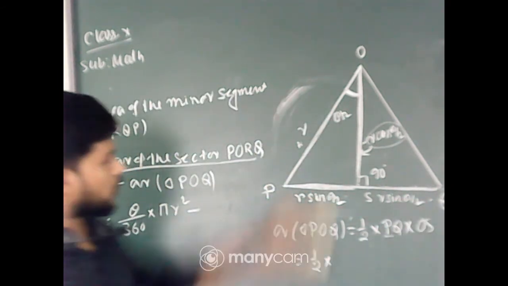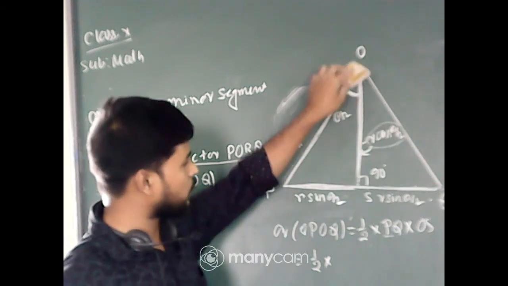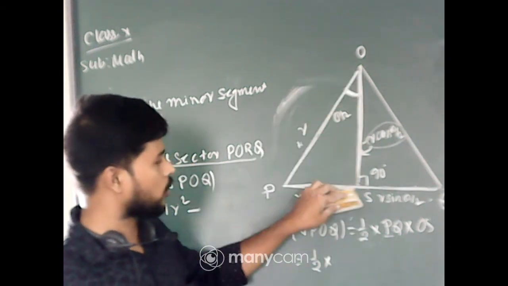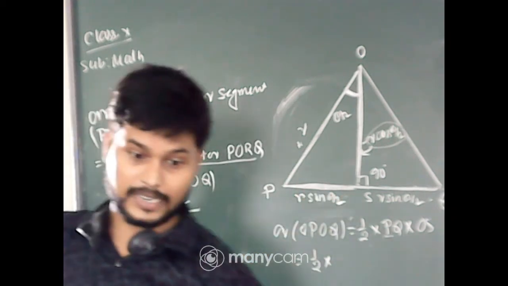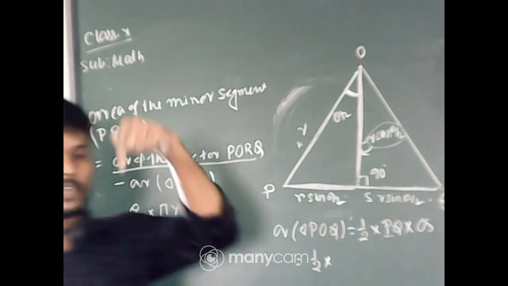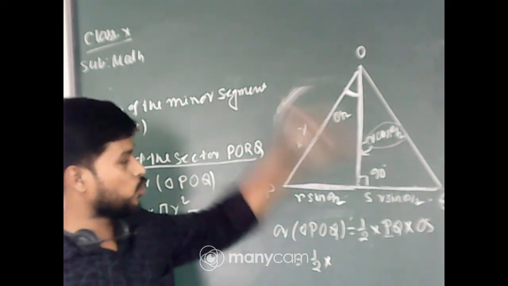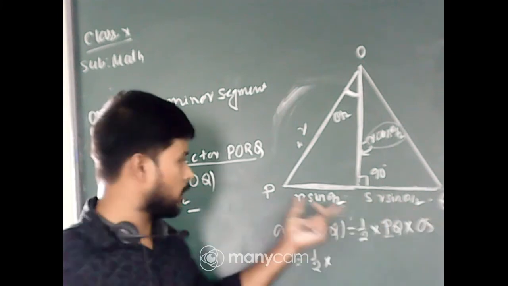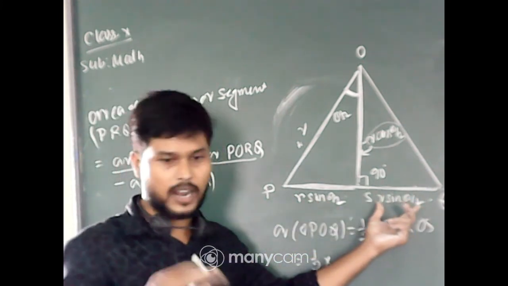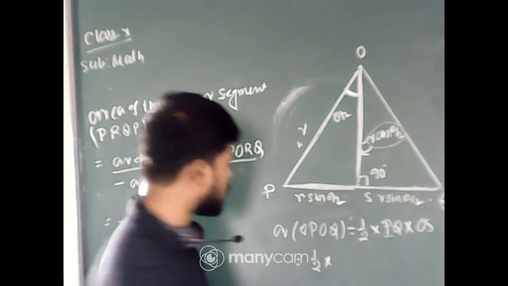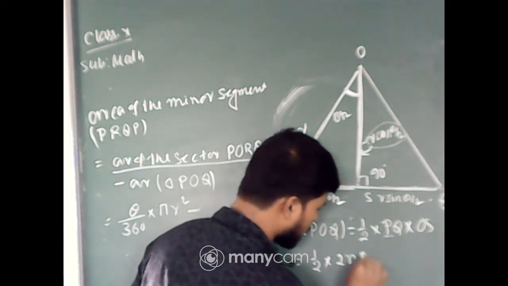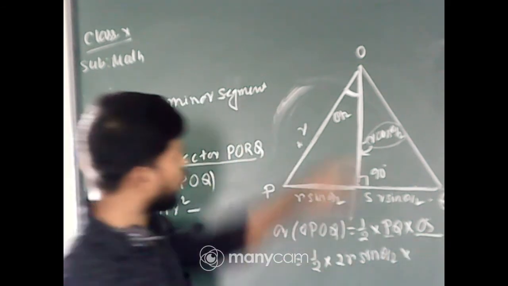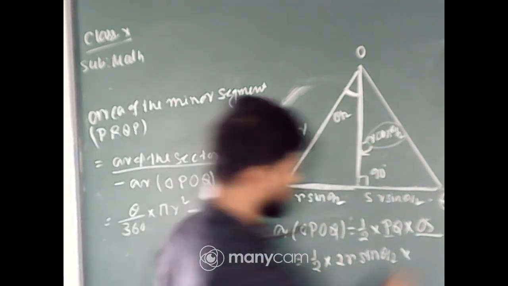Why? Because this is the chord and OS is the perpendicular drawn from the center to the chord. We know a theorem from class 9 that if you draw a perpendicular line from the center to any chord, this line will bisect the chord. So if this is R sine theta by 2, that will also be R sine theta by 2. So the total length of PQ will be 2R sine theta by 2, into OS, which means the height, R cos theta by 2.